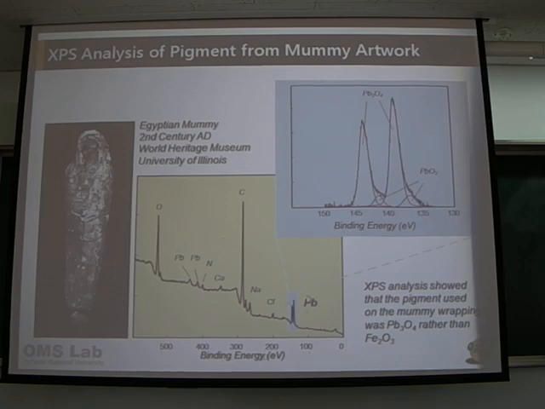If we try to know what type of compound this is, this means this is lead, and this lead shows several types of peaks. If we do the deconvolution, that means the high resolution, this high resolution shows several types of peaks. These two peaks show lead oxide, Pb3O4, and this one lead dioxide.